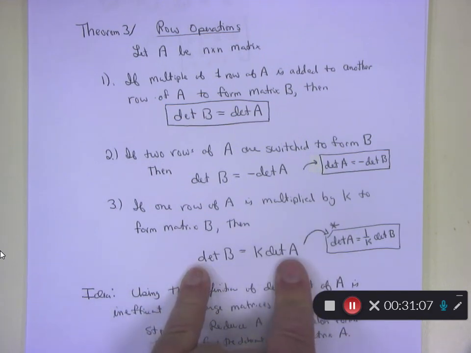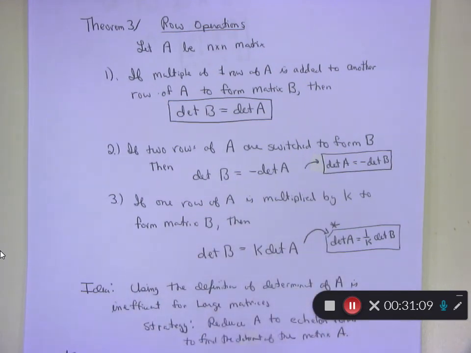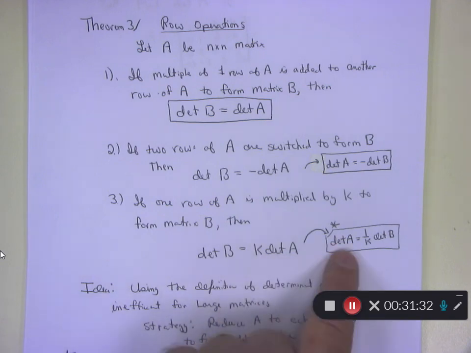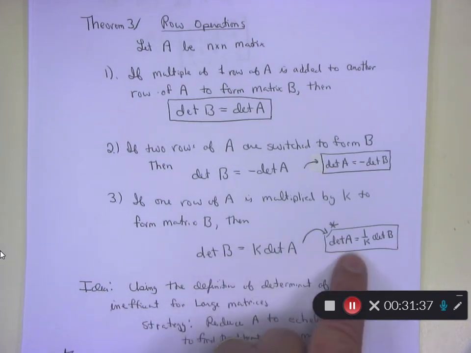If you multiply K times a particular row, because I need to make it a pivot, so I want to multiply it times 5, because I had a 1/5, a crappy fraction, the determinant of that new matrix B is equal to 5 times the determinant of the old matrix. But that's not really helpful, because what I'm going to ask you to do is find the determinant of the original matrix A. Not of the new matrix, but the old matrix.